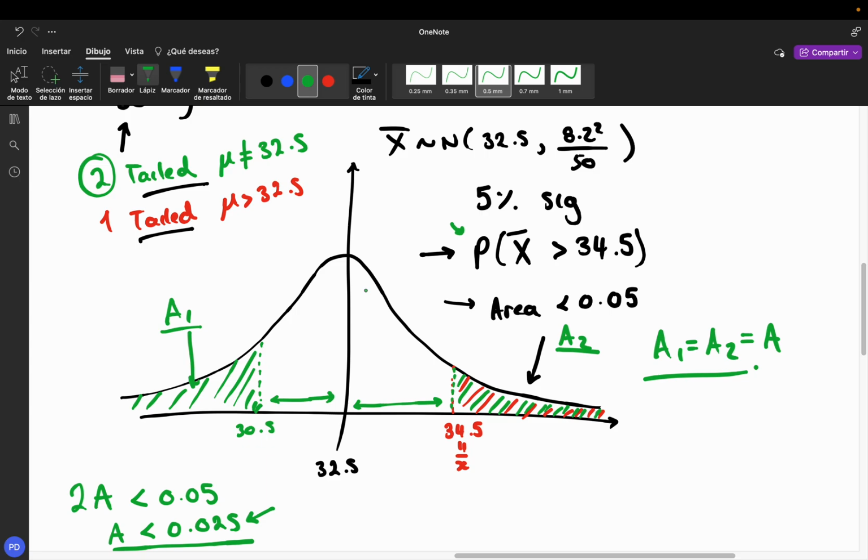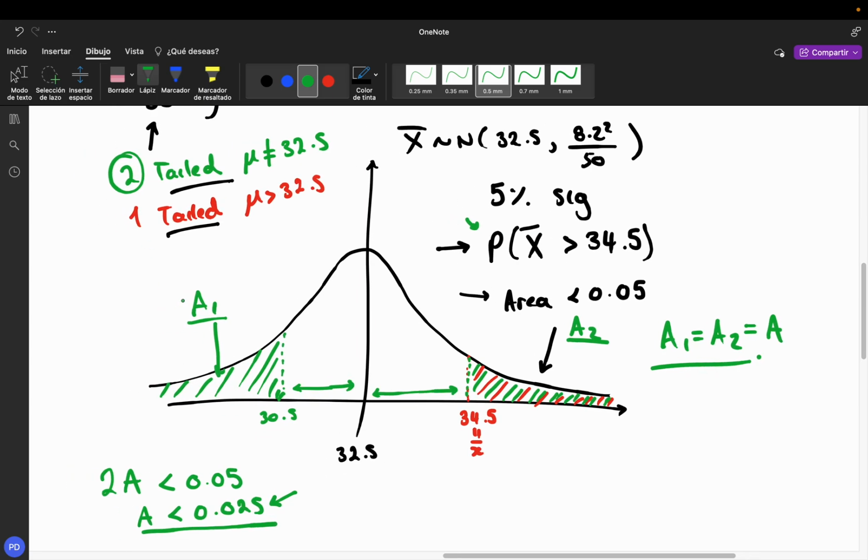It's useful to remember this, but it's not essential. If you're okay with just halving it and not worrying about it, that's fine. But if you're someone who maybe needs a bit of an explanation just to make it stick, here it is. Two-tailed, both ends, and they're the same area both ends, so I need to halve my significance. One-tailed, just one end, don't have to do anything.